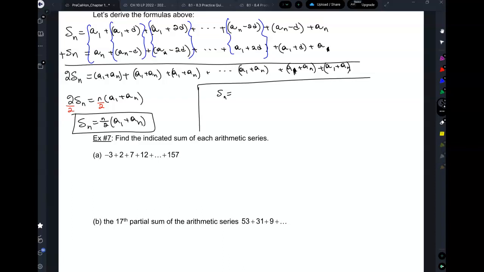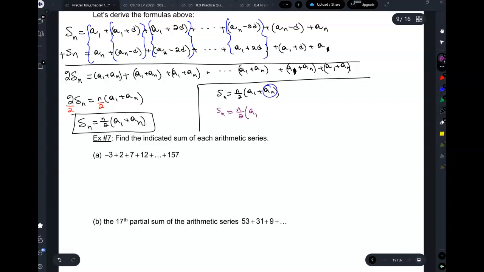Okay, so this is what we just came up with, right? But what is AN? Do we have a formula for AN? What did we just come up with about AN in the beginning of this lesson?